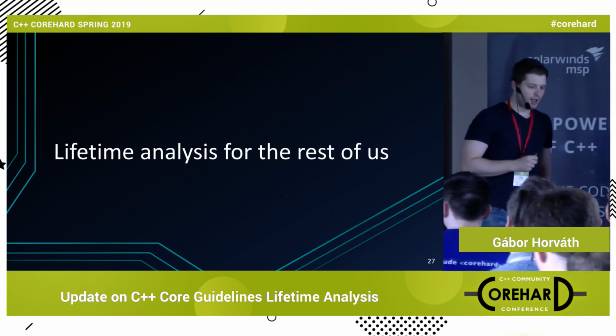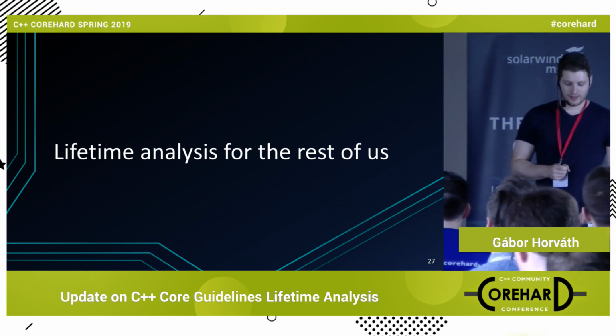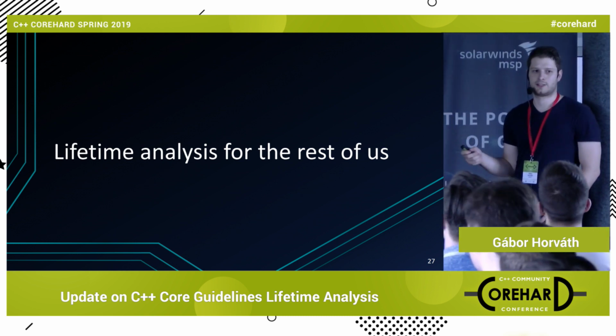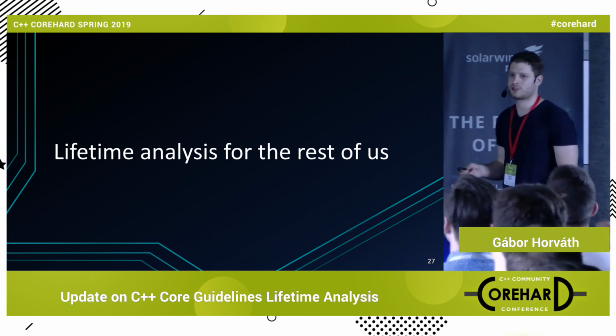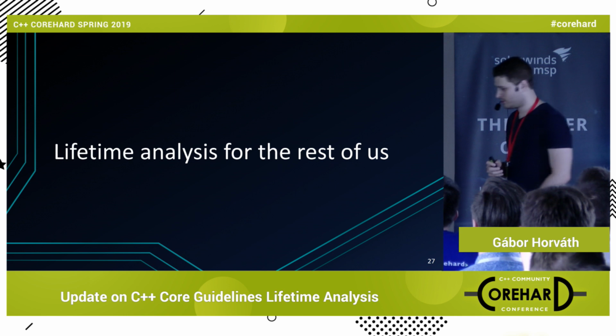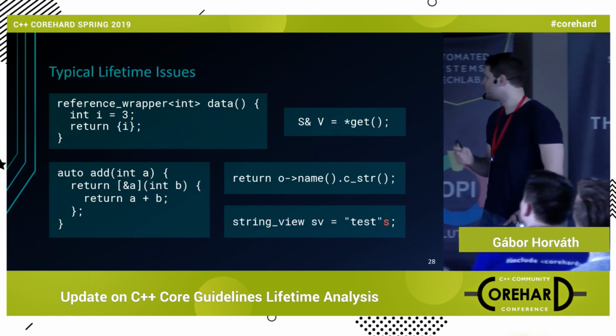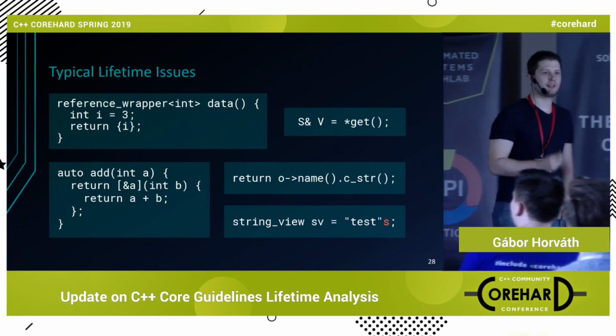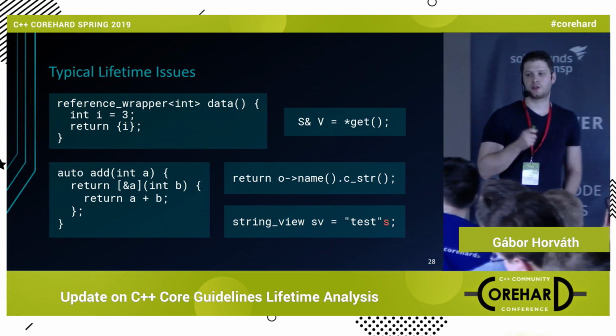Okay, so I promised you that I will show you a subset of this analysis that has no false positives but still finds interesting problems. The motivation was that we started to look at some of the typical lifetime errors that we would like to catch.